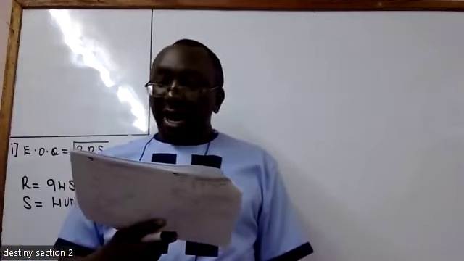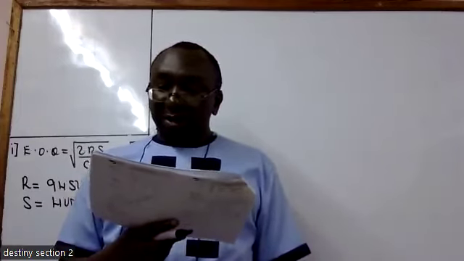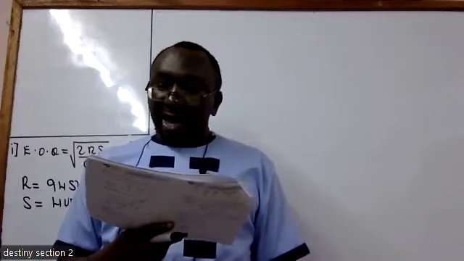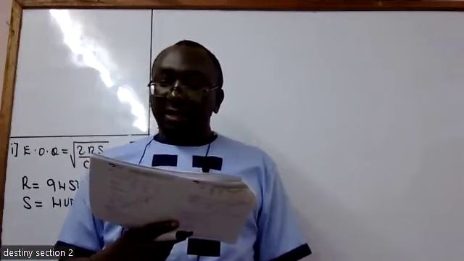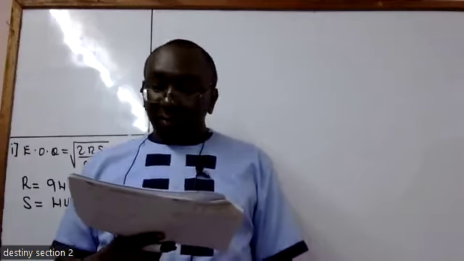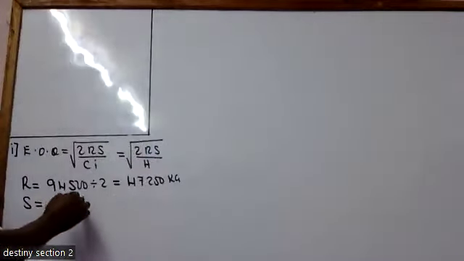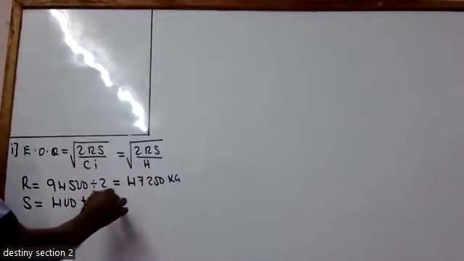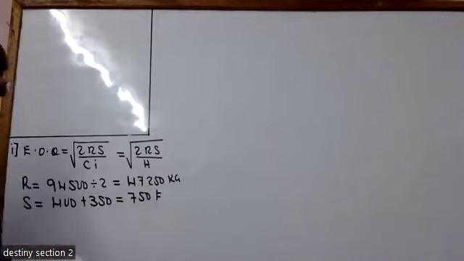So this handling cost, now that it is not depending on the units, you see it's not written per unit, like the carrying cost, the way it is written. We are going to take it as part of ordering cost because it is a fixed cost. So the 350 should be put here, and therefore we are going to have 750 shillings as part of our ordering cost, the cost of our order.